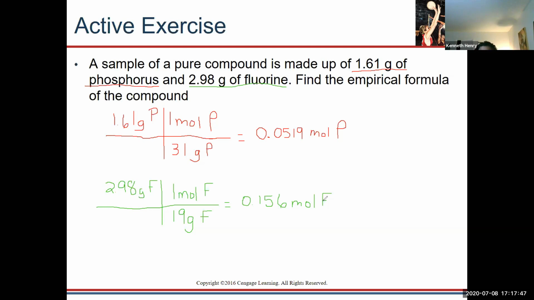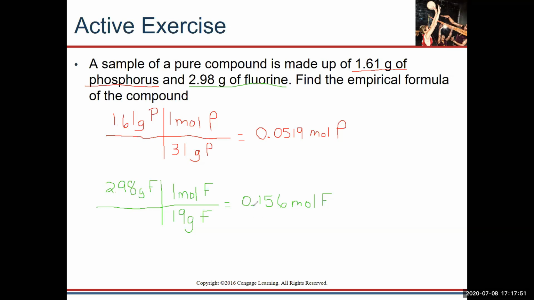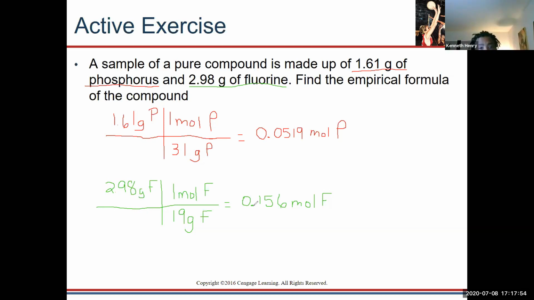How you guys doing so far? You get it? Piece of cake so far? So now we can compare, we have quantity compared to each other. The best way of doing it is to take the smallest number. Who is smaller, 0.0519 or 0.156? Phosphorus. Is that the smallest number?